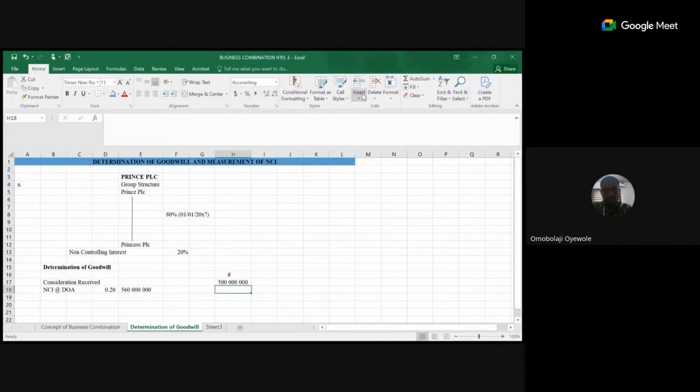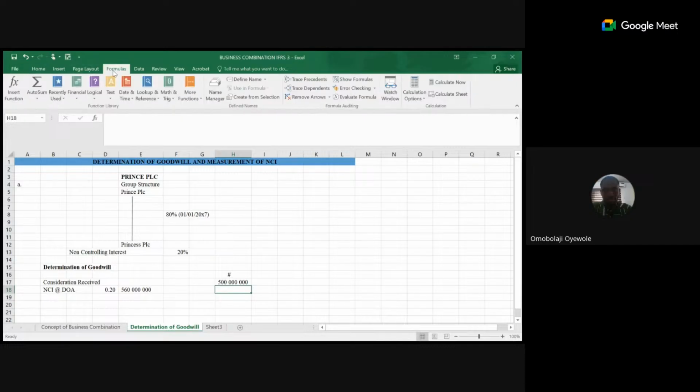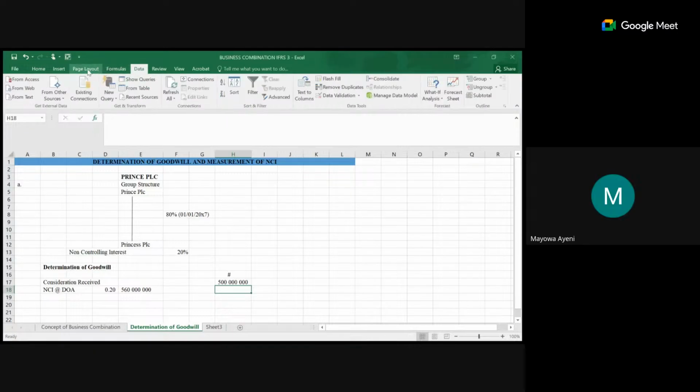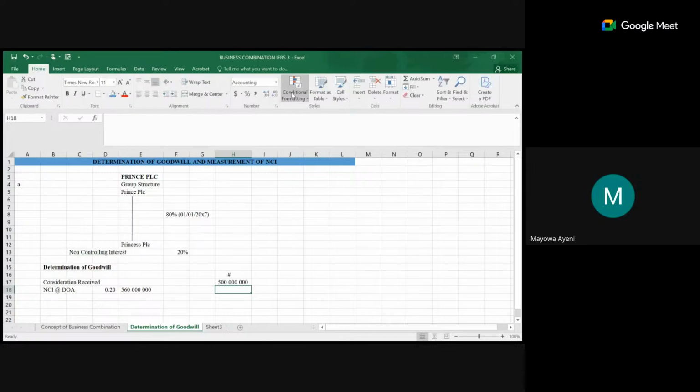Wait, let me see first. Let me use formulas here. Which of the formulas will give multiplication? How about you change the format to number?